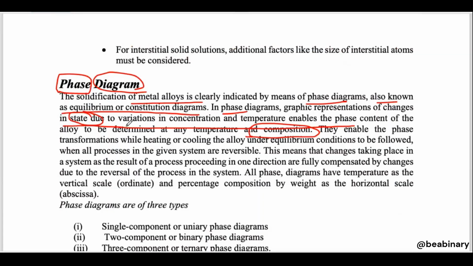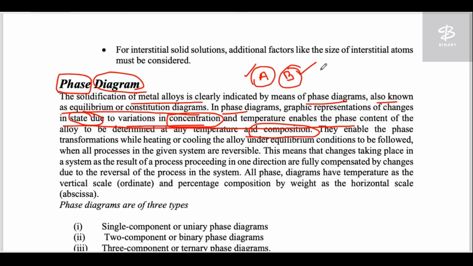Variation in concentration means how much volume fraction of each of the two metals is there. Suppose you have two metals, a binary solution of A and B. At a particular state, how much volume fraction of A is present, and how much of B? The total cannot exceed one, meaning 100%.